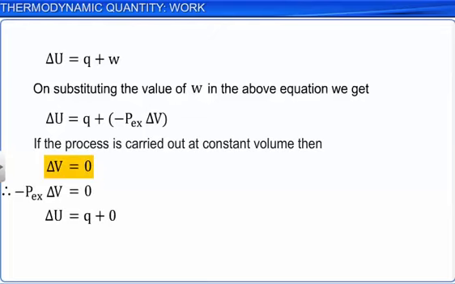Therefore, work done is also 0. Hence, at constant volume, delta U equals QV, where QV is the heat supplied at constant volume.